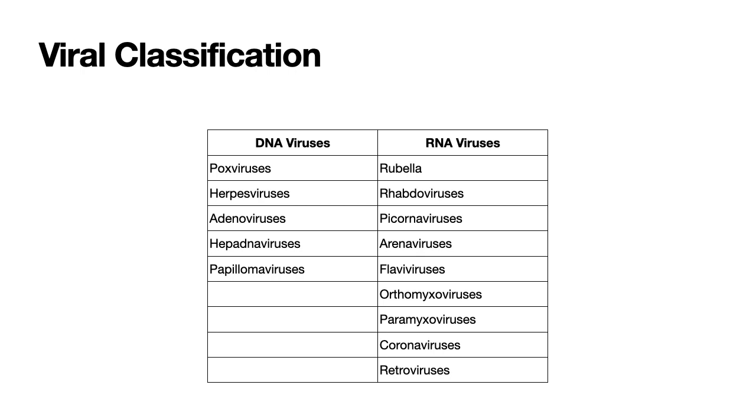So, the general properties of how these viruses replicate and infect the host can be understood more easily by delineating which viruses contain DNA as their genome and which viruses contain RNA as their genome. So, examples of DNA viruses are pox viruses, herpes viruses, adenoviruses, hepadna viruses, and papilloma viruses.